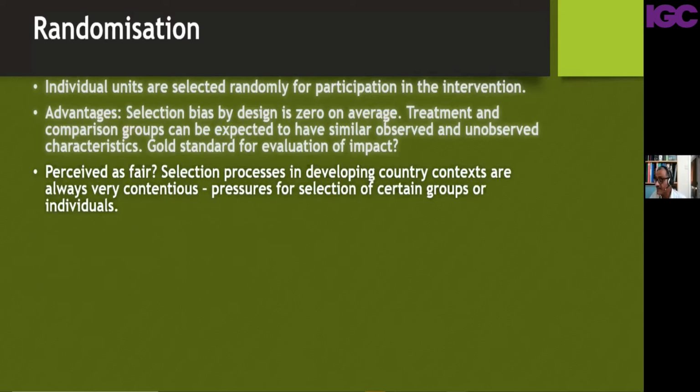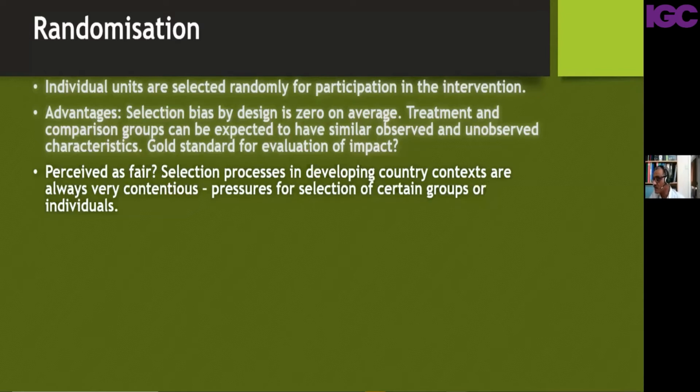And the main advantage is that when you have randomized selection, selection bias is by design 0 on average. The participants and the non-participants on average will have the same characteristics, both observed and unobserved.